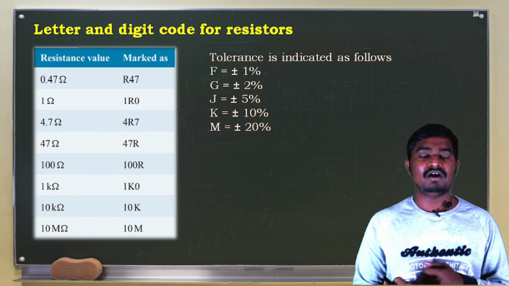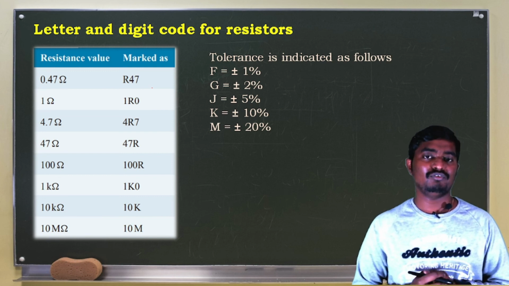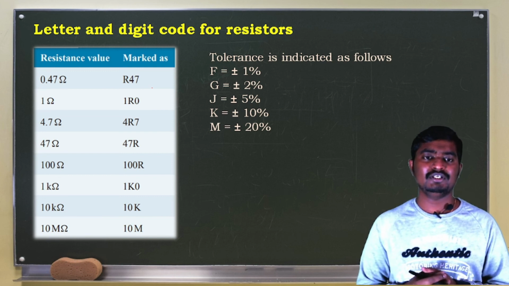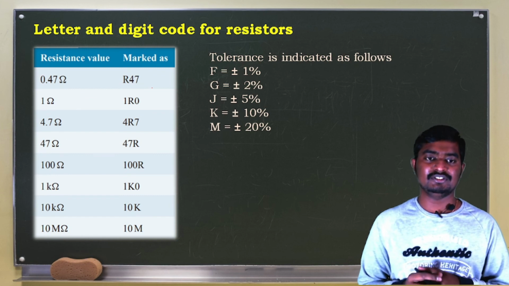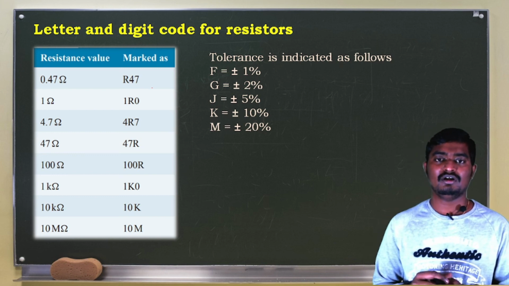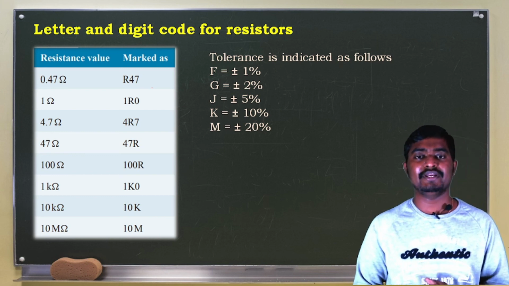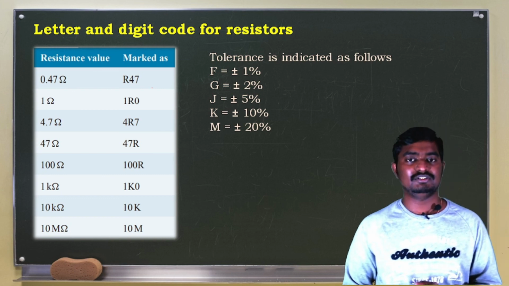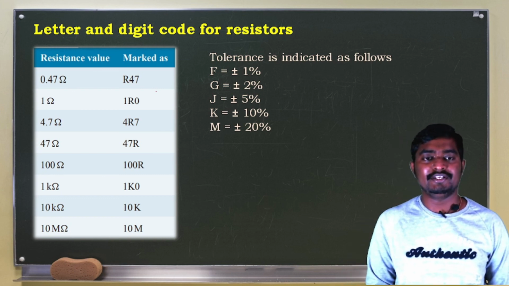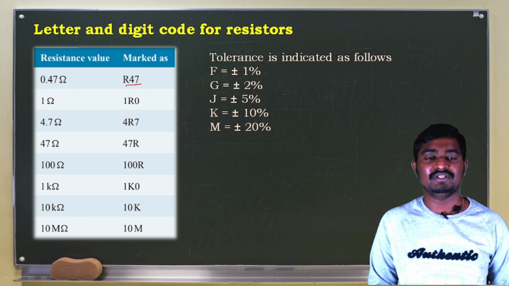Now we will see another method to calculate the value of resistance. When we see a resistor, there is an alphanumerical code present on it. From this alphanumerical code, how can you get the value of resistance? On the resistor, it is marked as R47. Its value is 0.047. R is nothing but a decimal point.